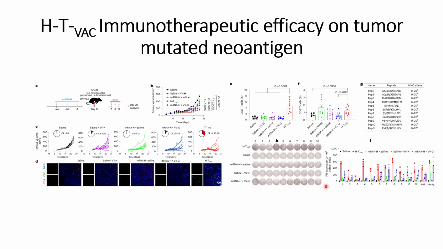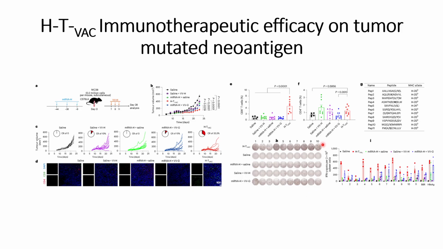Here the results are shown for 10 peptides, whereas the peptide sequences are 11. For the 10 peptide cases, they saw that the HT-VAC signals are significantly high, even compared to all the other control cases.